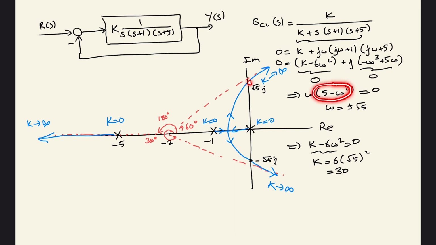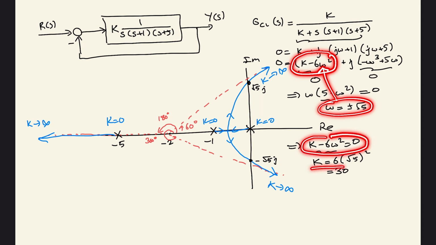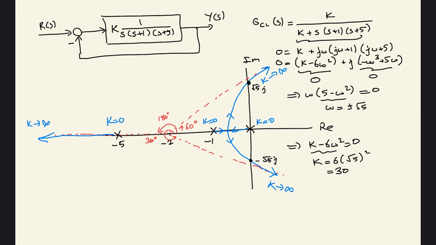So here, if you select omega to the power of 2 equals 5, you are going to get plus and minus square root of 5, this point and this point. And now, if you take this omega value and insert it into this second equation, you are going to get gain k equals 30.